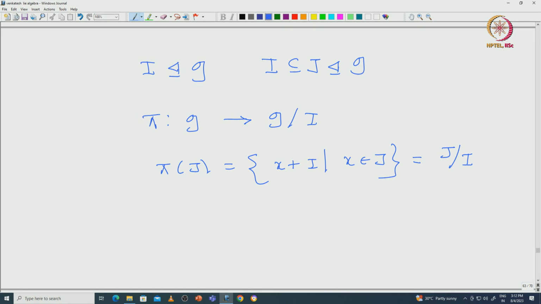Actually one can claim that J mod I must be an ideal. The claim is J modulo I is an ideal inside G modulo I.